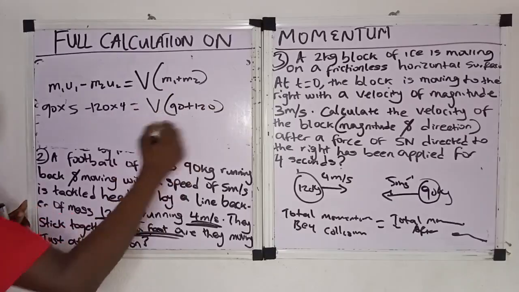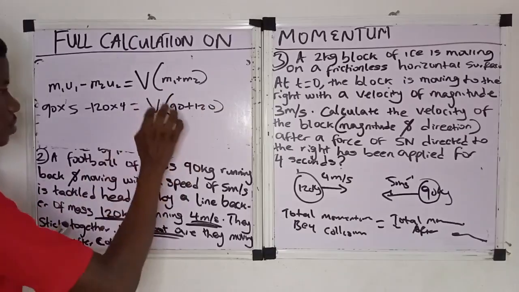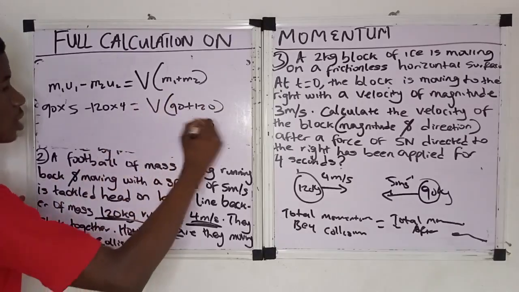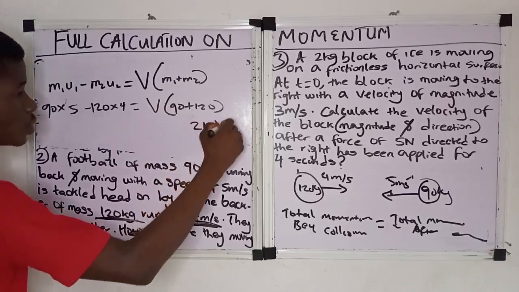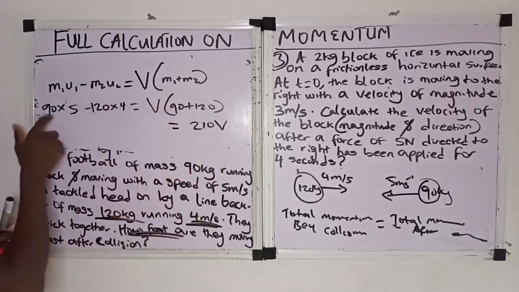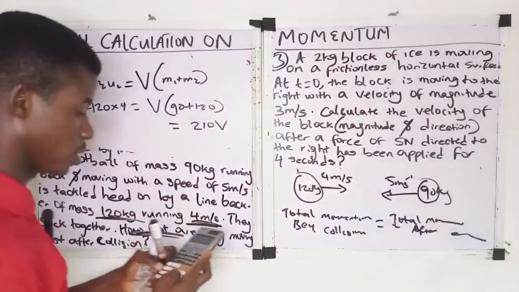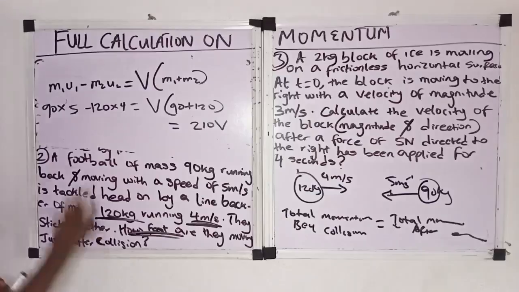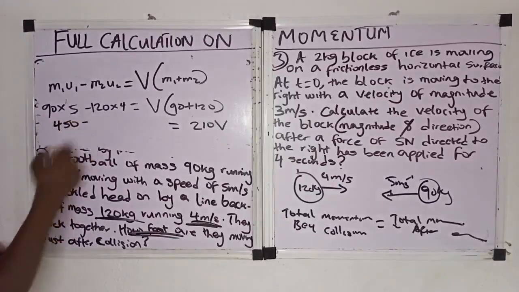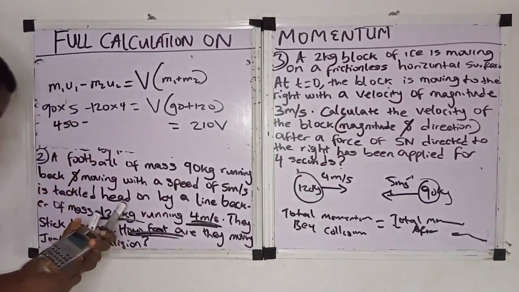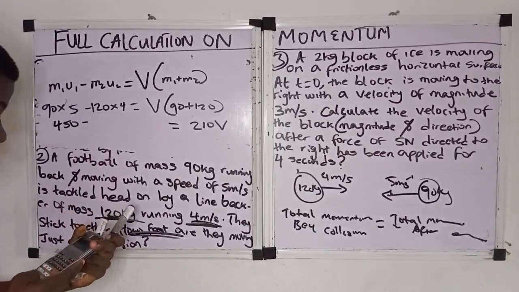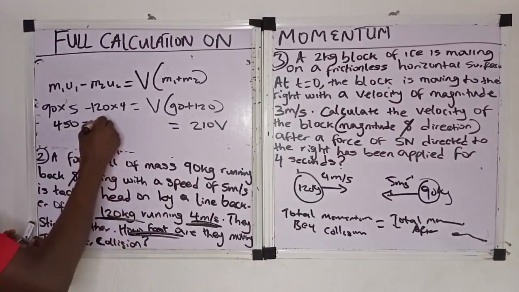If we add these up, we get 210. So 210 V is equal to 90 times 5, which gives us 450. Then minus 120 times 4, which gives us 480.